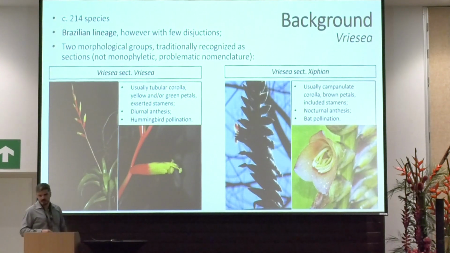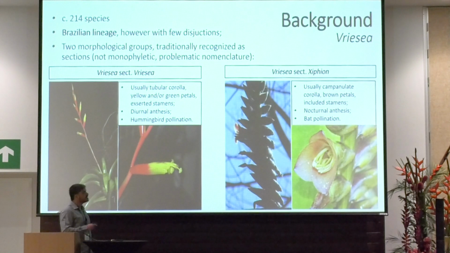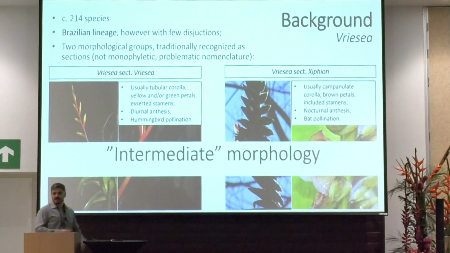However, we can observe also white petals and diurnal anthesis, hummingbird pollination syndromes. On the other hand, we can observe in Xiphion campanulate corollas, okay, brown petals. However, we can observe green petals, white petals, and included stamens, an interesting character, nocturnal anthesis, and bat pollination syndromes. However, nothing is so simple like this in systematics, and you can observe a kind of intermediate morphology between these two sections.